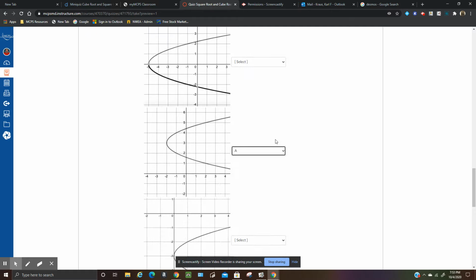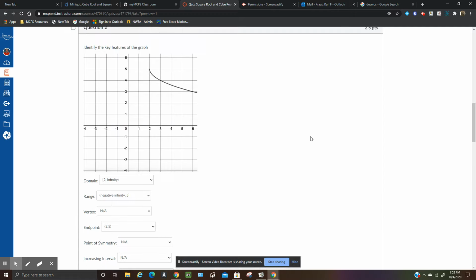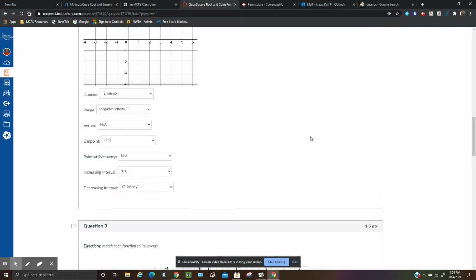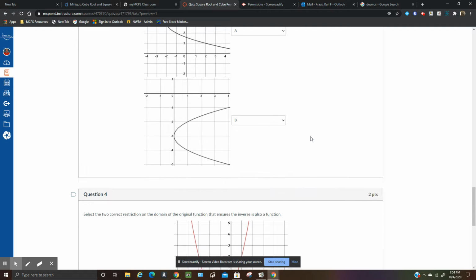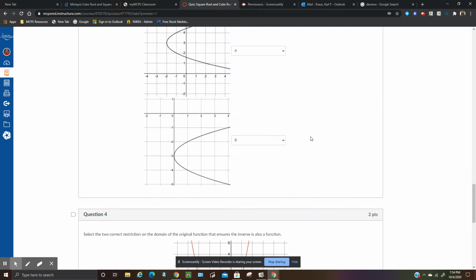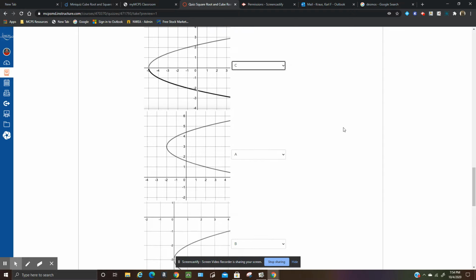And then see if this one matches up: 0, -5 and -5, 0. So C, A, B there. As long as they didn't shuffle those. The couple of times that I looked at this quiz, they didn't shuffle the answers. So if they are shuffling the answers, make sure you are picking the right answers there.